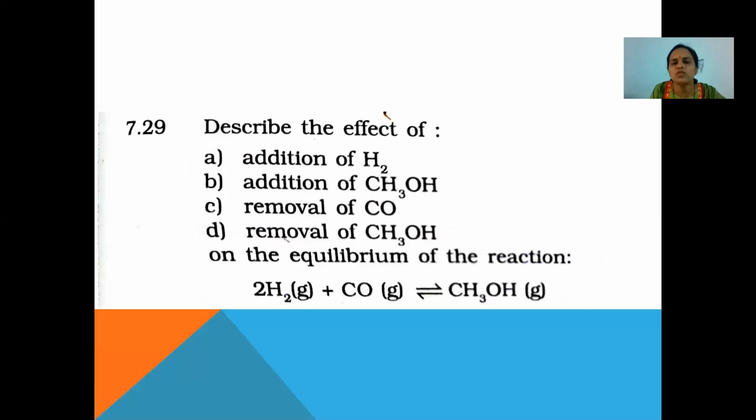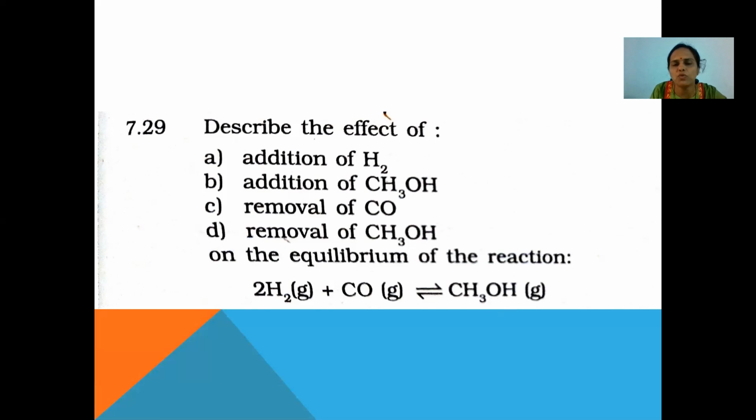Second, addition of CH3OH. When I add more CH3OH, since it is addition of product, the reaction proceeds in the backward direction. Then third is removal of CO, carbon monoxide.